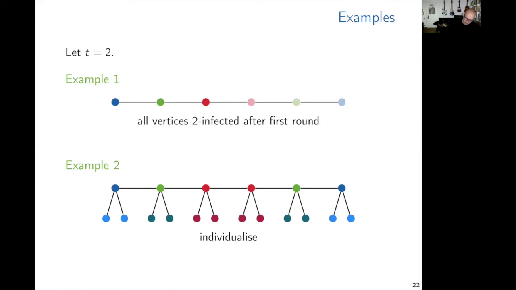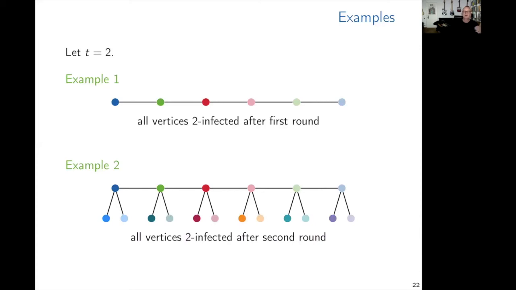That's only the color classes on the path because all others have size 4. Okay, so we split them. Now we're in this situation. We run color refinement again. So now the coloring on the feet also changes. It looks like this. Now all color classes have size 2. We individualize again, and everything is infected. So in this graph, all vertices are infected after the second round.